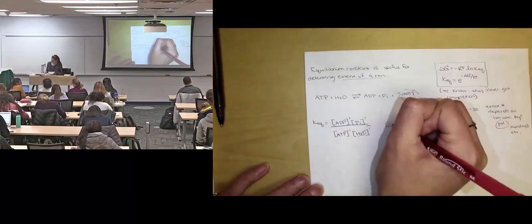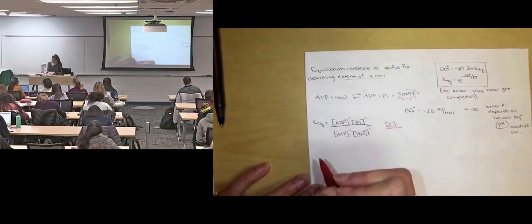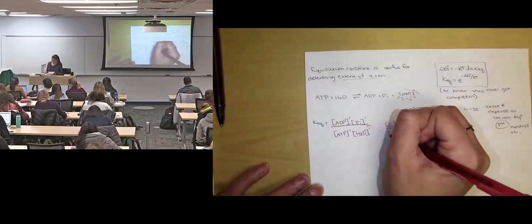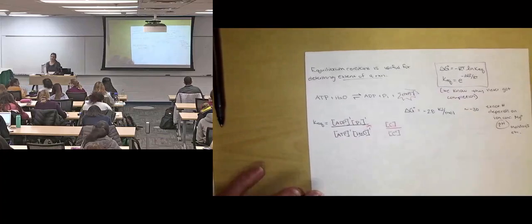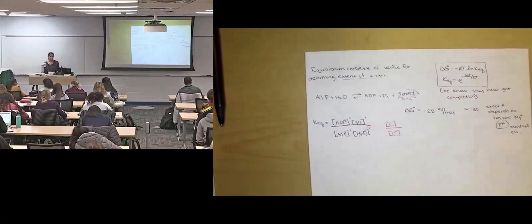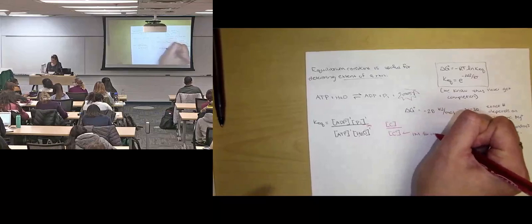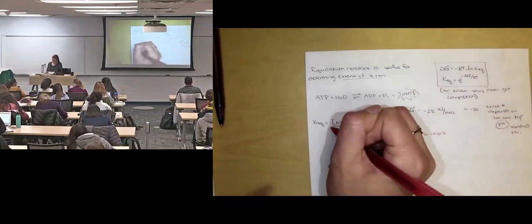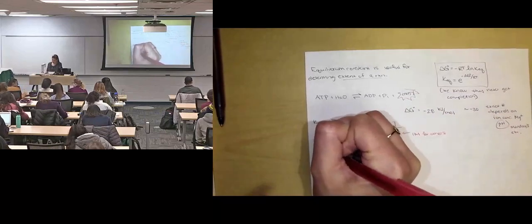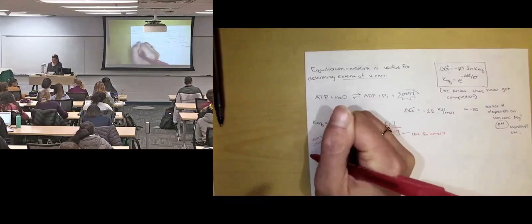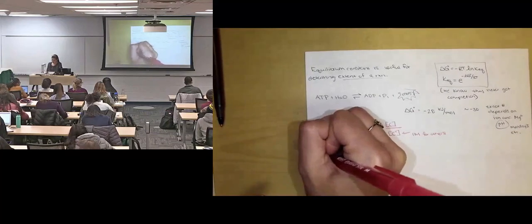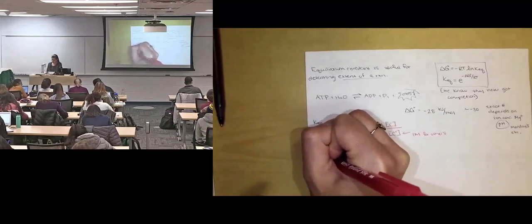And this is because all of these concentrations in the equilibrium constant are actually the concentration over the concentration at standard state. These are all 1 molar for the others, so we just don't include the fact that dividing by 1 molar is on the bottom of all of these.